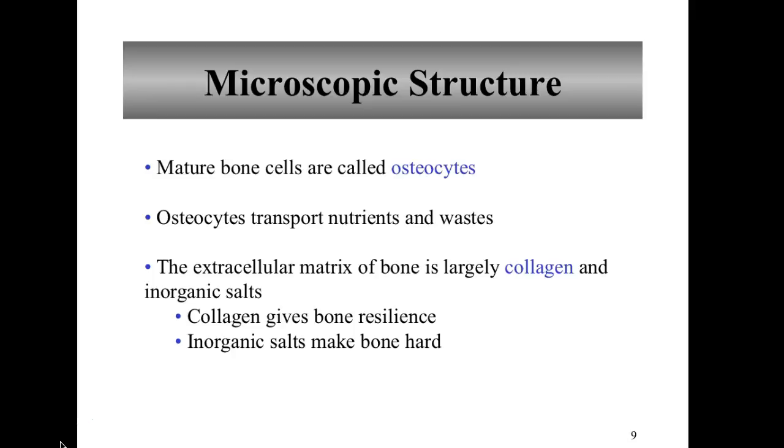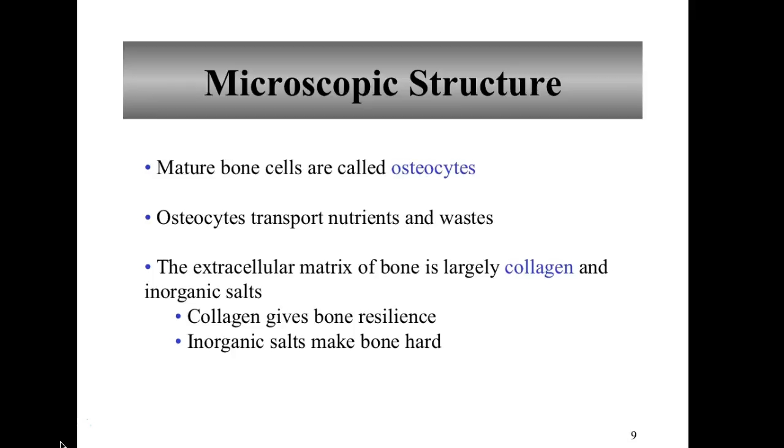But overall, you have an organic component of bone, and you have an inorganic component of bone. The organic component of bone, which makes up 35% of bone, includes cells and osteoids. And then you have the inorganic component, which are the minerals and organic compounds and ions that are going to come together to form the bone.